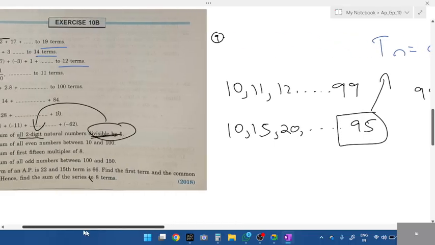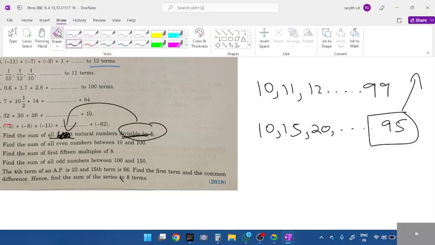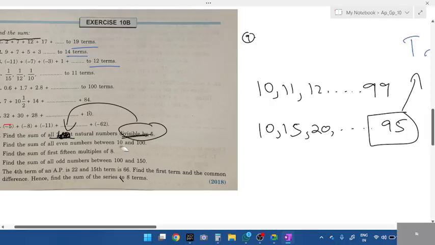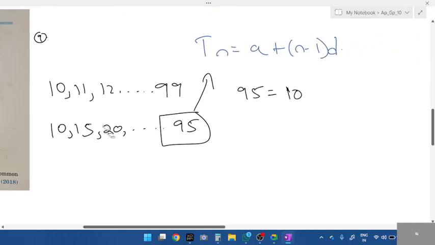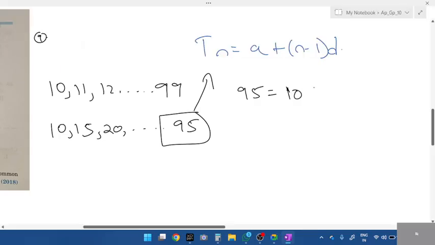If they hadn't mentioned two-digit here, what we did previously was correct: find the sum of all natural numbers divisible by 5. That's the only difference. Here I missed out the two-digit meaning. So two-digit starts from 10: 10, 15, 20 up to 95. a plus n minus 1 into the difference, which is 5.